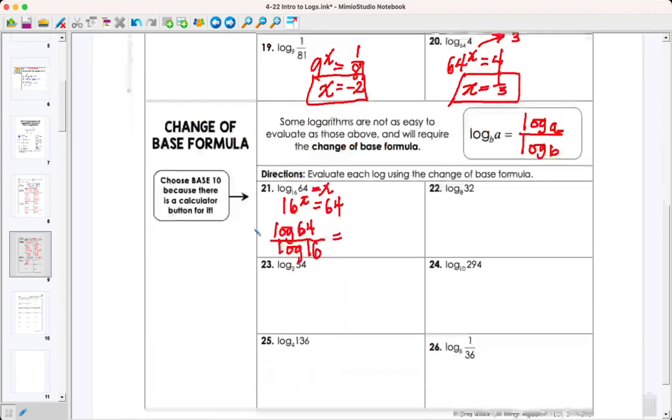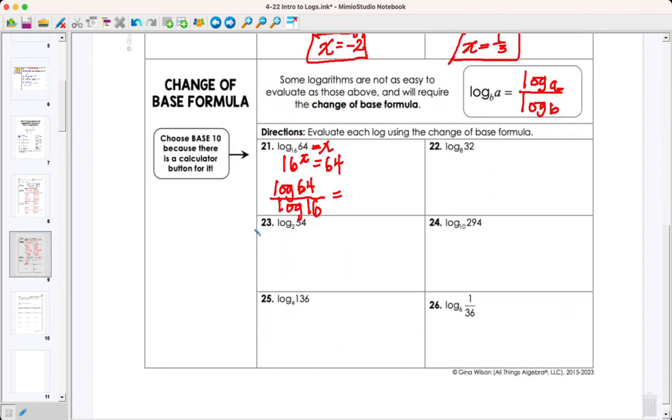Now, when you look at that, think about it. Does that make sense? Well, if I were to put in my calculator 16 to the 1.5 power, would I get 64? Well, let's see. Go back to the calculator. 16 to the 1.5 power is 64.